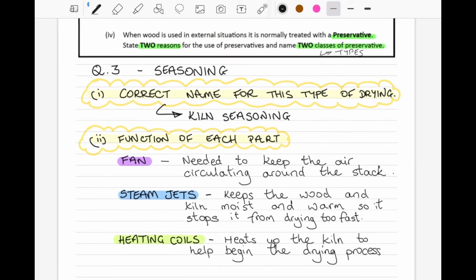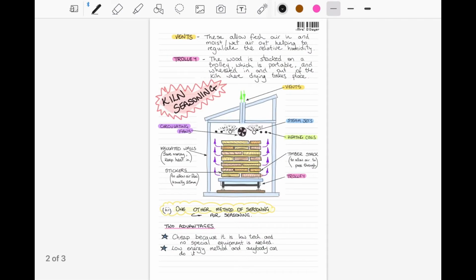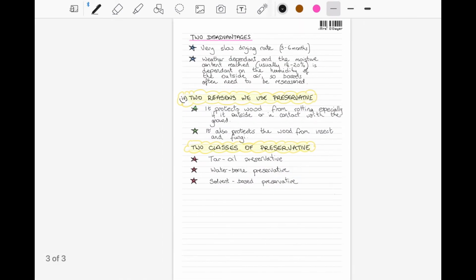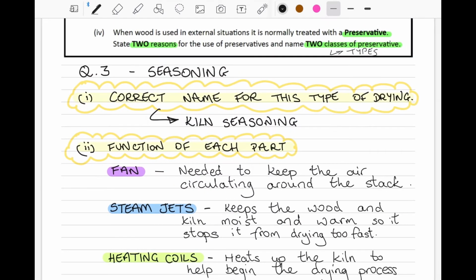I've done this question as if it was a question on your exam paper in terms of the layout on the page. I wrote down what it was they asked us each time. It's not quite the same as rewriting the question, it's just writing for yourself to remind yourself what you're actually being asked.